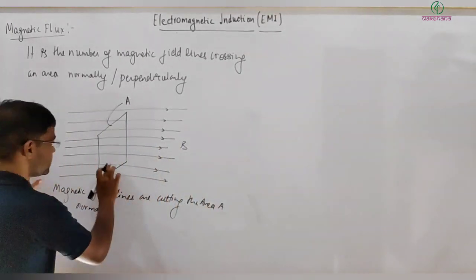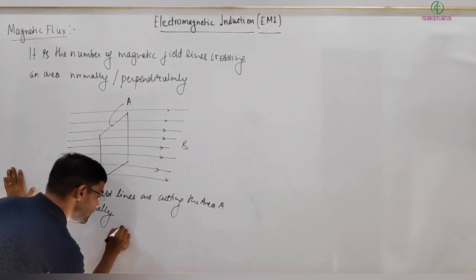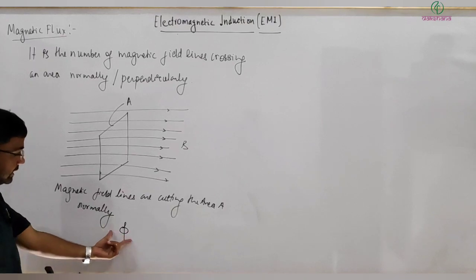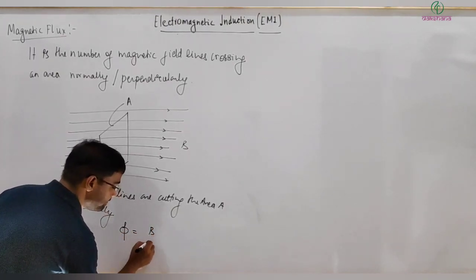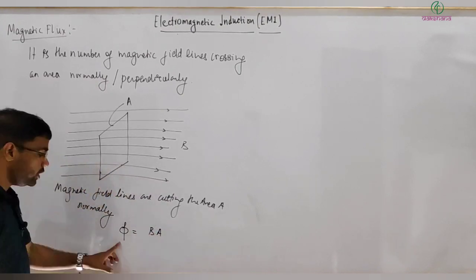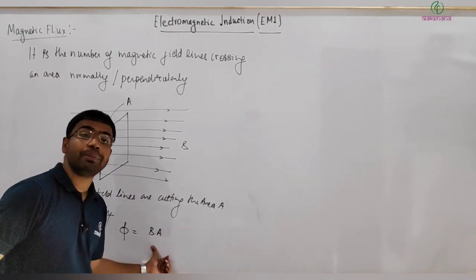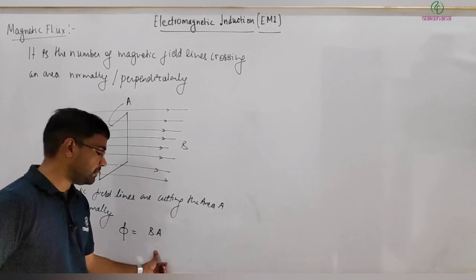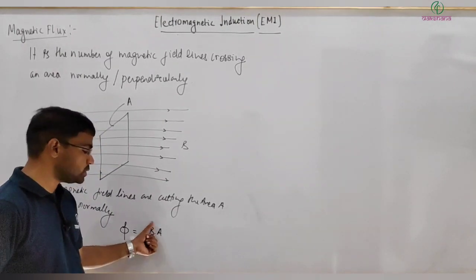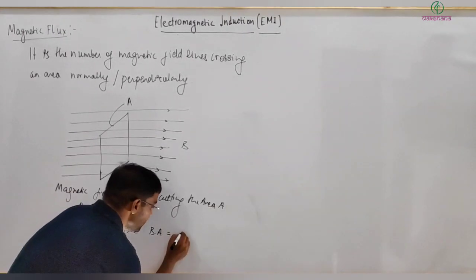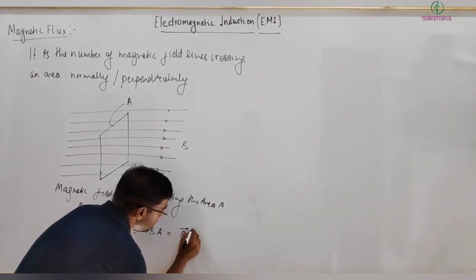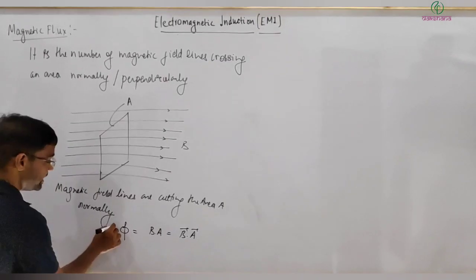In simple terms, we define the magnetic flux quantity phi, which is equal to B, the magnetic field, into area A, or B bar dot A bar in vector form.